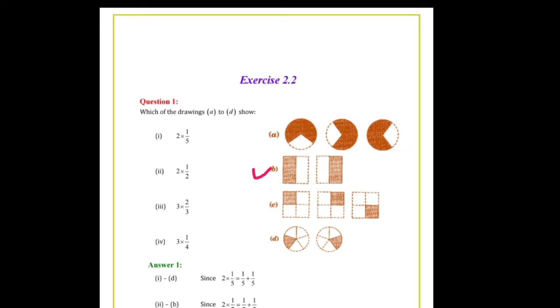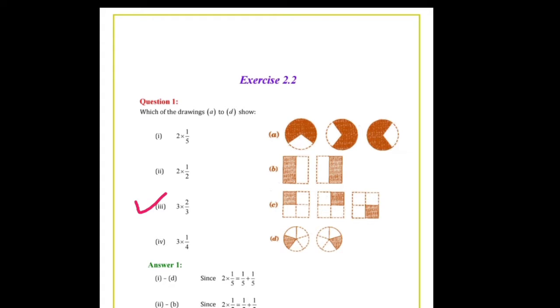And how many figures are there? 2. So total 2 parts and 1 part is shaded. So it is said to be 1 upon 2. But how many figures are there? 2 figures. So here we write 2 into 1 upon 2.